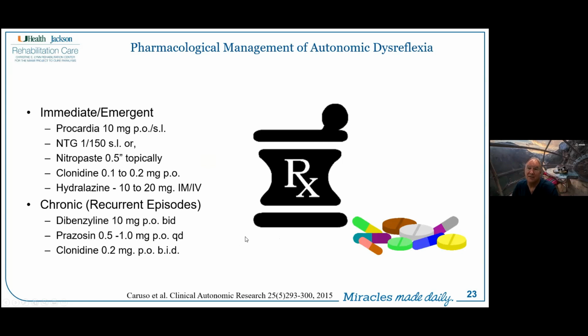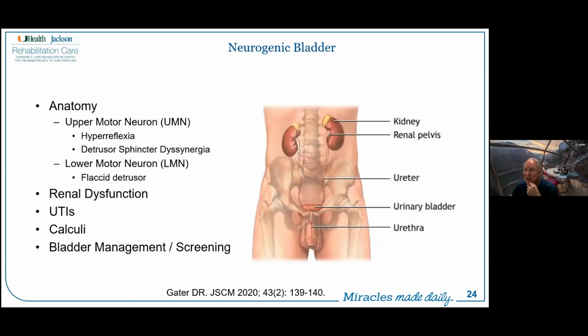For things like pressure injuries or bone fractures, etc., that it's going to take some time to heal, then we're going to have to prevent recurring episodes of hypertension. And we can use a number of different medications. Again, we'll have a whole hour just to talk through managing autonomic dysfunction after spinal cord injury.